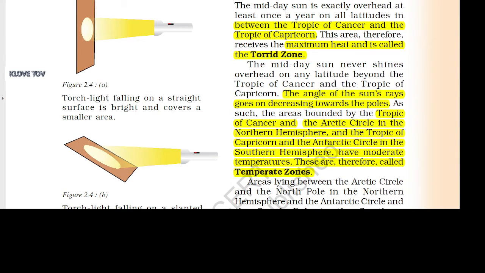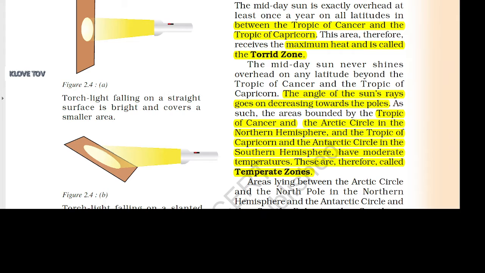Heat zones of the Earth. The midday sun is exactly overhead at least once a year on all latitudes in between the Tropic of Cancer and the Tropic of Capricorn. This area therefore receives the maximum heat and is called the torrid zone. The midday sun never shines overhead on any latitude beyond the Tropic of Cancer and the Tropic of Capricorn.